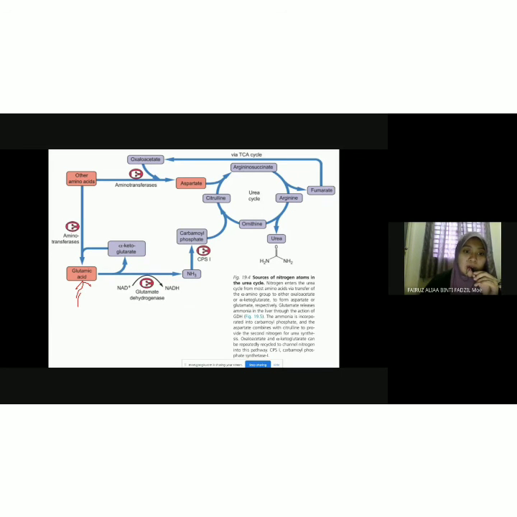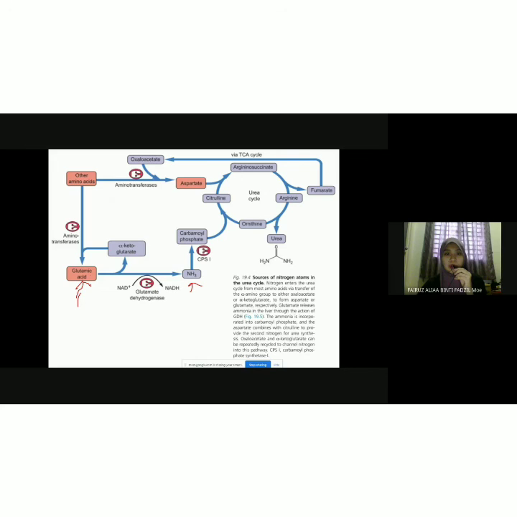This glutamic acid undergoes deamination, which removes the amino group and produces the ammonia. So this is the first source of ammonia, from the glutamic acid.